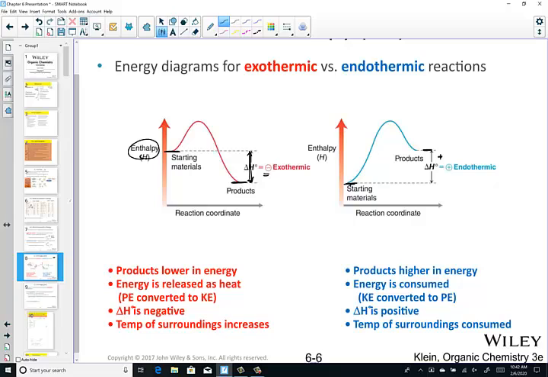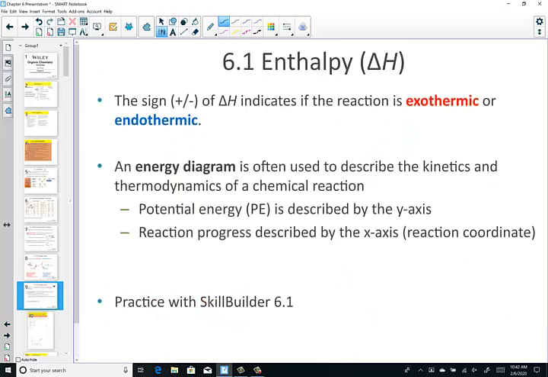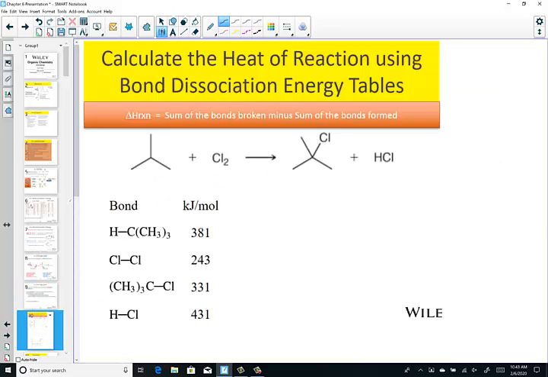So we're just considering endo versus exothermic and their energy diagrams. Knowing that exothermic tends to be a more spontaneous reaction, we do know that enthalpy is not the only consideration in determining spontaneity. So enthalpy, related to an energy diagram, is often used to describe the kinetics and the thermodynamics of a chemical reaction.